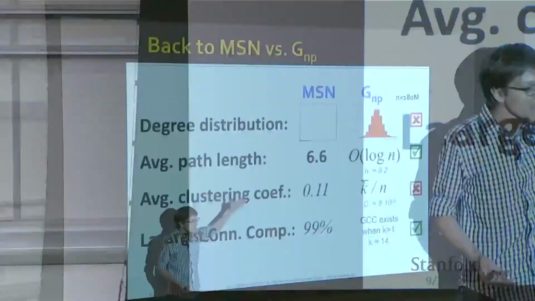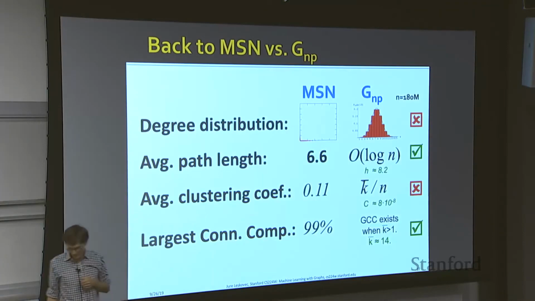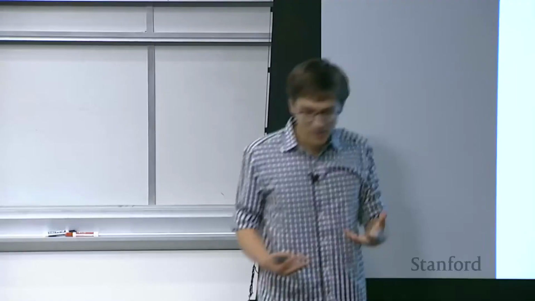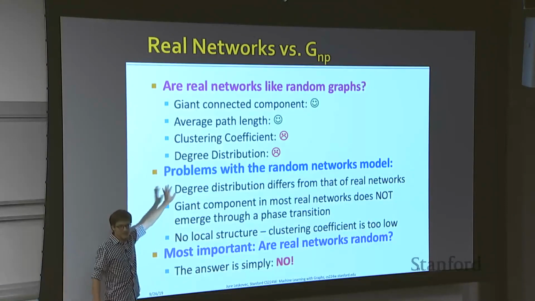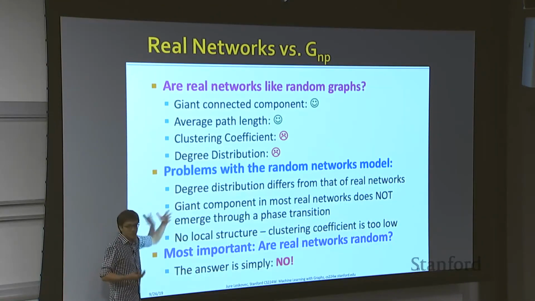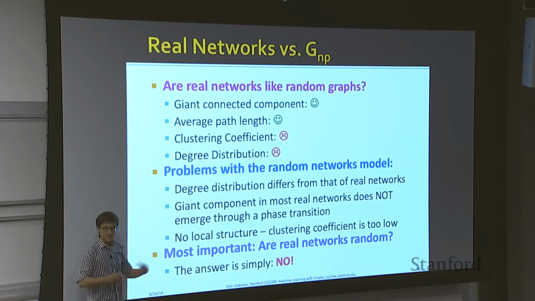So by basically having this model, we now can make sense out of the numbers and measurements we did. That's kind of the meta point I want to make, right? So we showed these 4 properties. Is the random graph model realistic, or what are the problems with it? The degree distributions differ. Basically, it assumes everyone has the same number of friends.